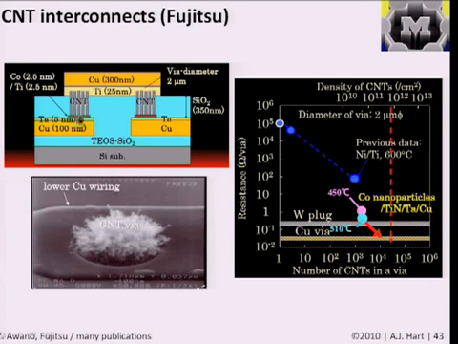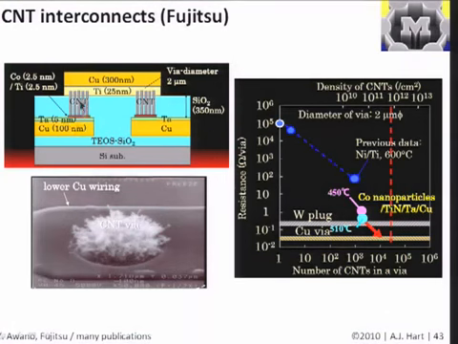So they've tried to develop processes for localizing the growth of vertical bundles or vertical groupings of nanotubes between two levels of electrical contact. Here they use a catalyst layer of cobalt and titanium upon a thin layer of tantalum, upon a thin but thicker layer of copper.